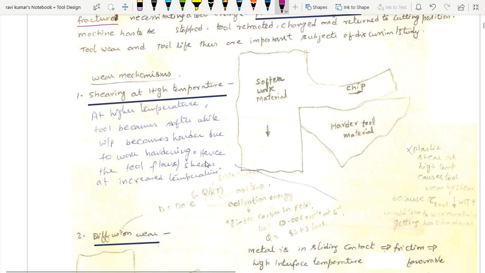The first wear mechanism which we may observe is shearing at high temperatures. The meaning of shearing at high temperatures is the hard cutting tool material giving way by the mode of plastic deformation.